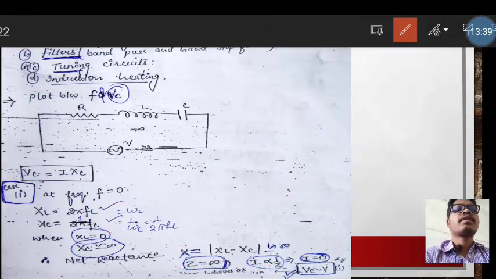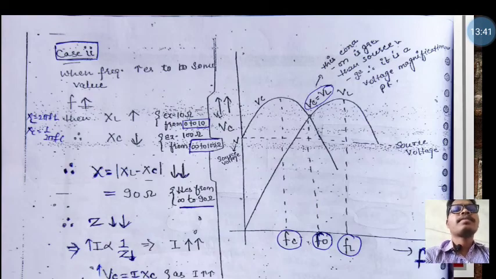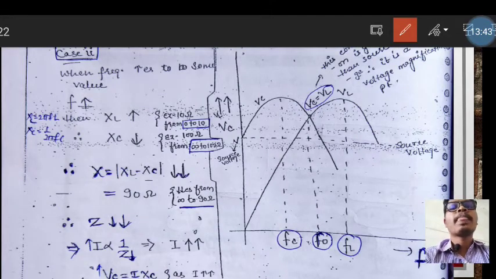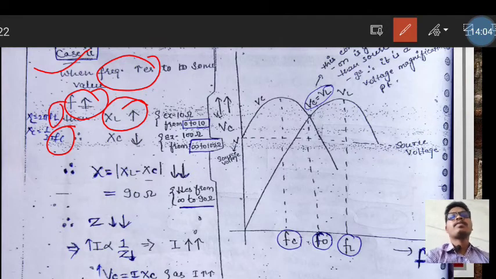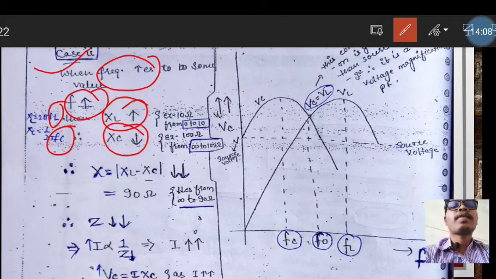Now take another case, case number 2, when the frequency increases to some value. So we increase the frequency. XL is directly proportional to frequency, so XL is also increased. The capacitive reactance is inversely proportional to frequency, so if frequency is increased, then Xc will be decreased.